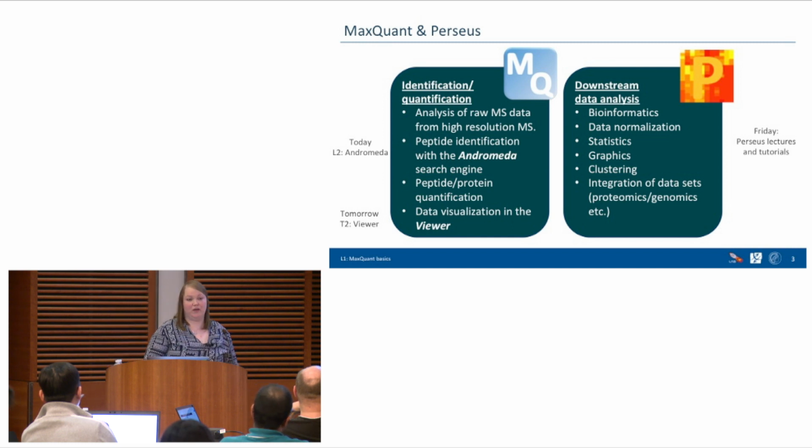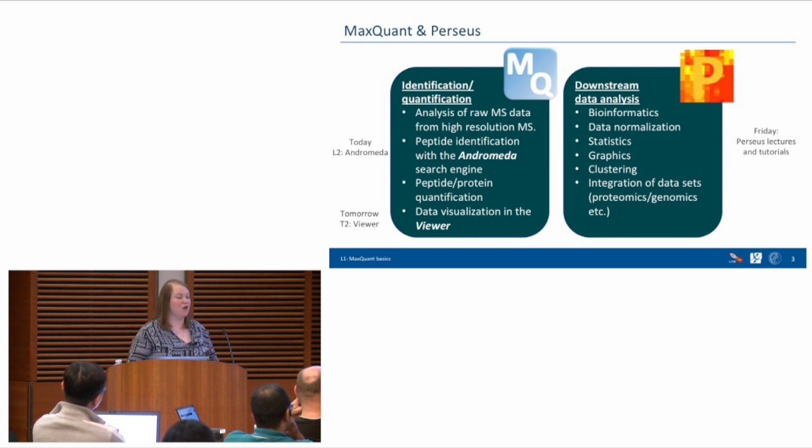If you have done your MaxQuant analysis, you get a bunch of output files, which are usually tab separated. Depending on your interest, there is a view on protein groups, but if you do PTM analysis, specifically phospho analysis, then you also have a separate output just for the phosphosites. It really depends on what you're interested in.